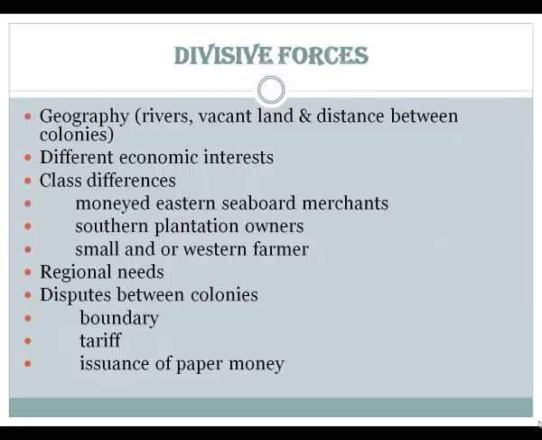It'd be like having a big toll gate between us and North Carolina, and they say you can't come into South Carolina unless you pay this big toll. And of course, each colony seems to feel that they have their own autonomy. They want their own military. They want to issue their own paper money. They're just like their own little countries.